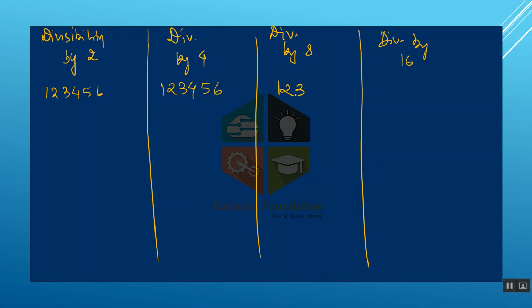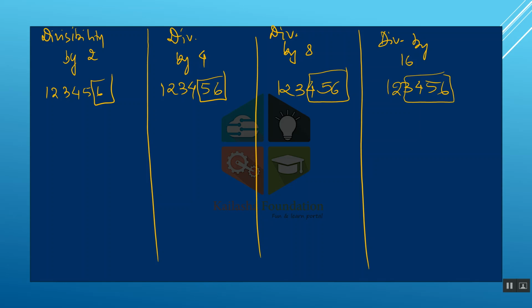Divisibility by 2 needs only the last digit, then the last 2 digits, last 3 digits and last 4 digits.